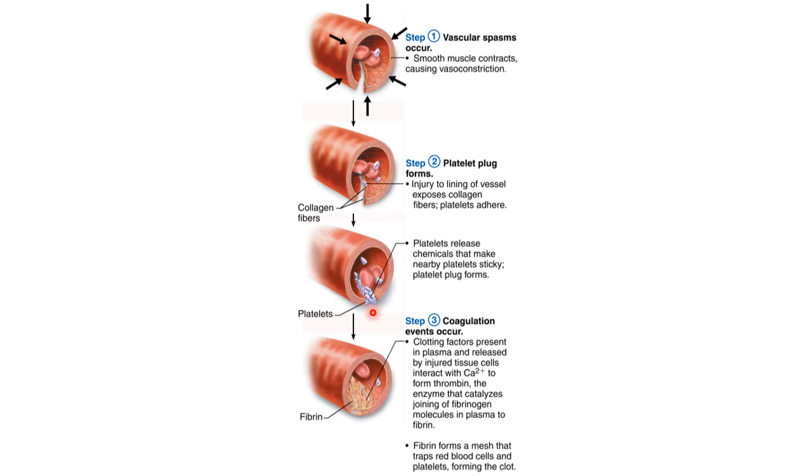Okay? And so the next step, the platelets will allow proteins that are present in the blood to form some sort of cement. So that cement is what we call fibrin. So the clotting factors, which are proteins in the plasma, and those that are released by the platelets, interact with calcium to form thrombin.